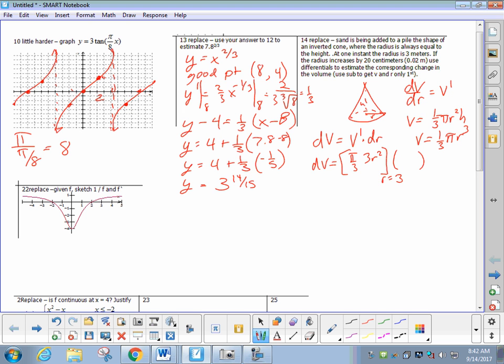Okay. The dr. What is the dr? Plus or minus? Plus or minus or strictly plus? Strictly plus because it increases. So 0.02? Would it be 0.2? Why not just 2? It's a unit issue, yeah.